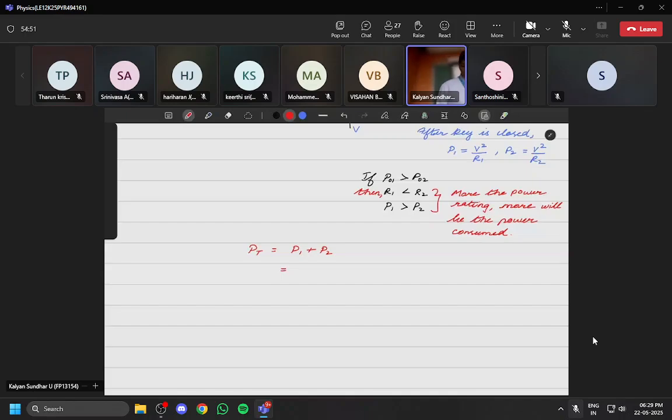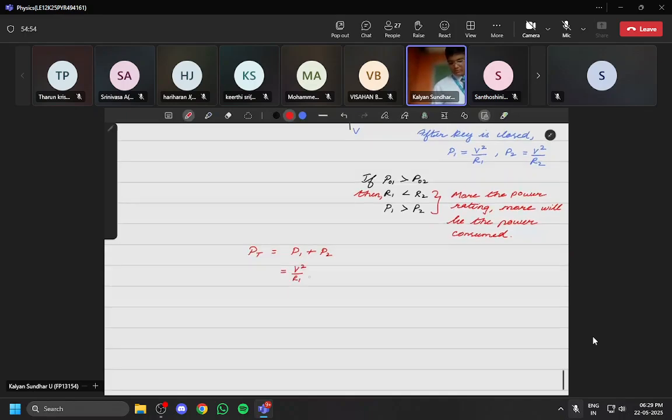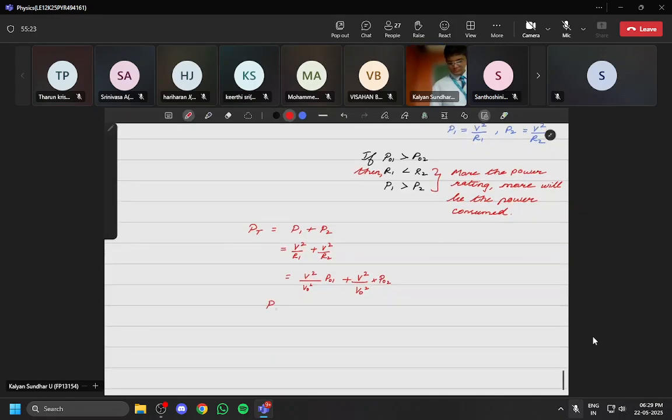Next comes your power. So power will be equal to V square by R1 plus V square by R2. Right? So from here, V square by R1 we saw is V square by V0 square into P01, plus V square by V0 square into P02. So taking the common term, V square by V0 square into P01 plus P02.